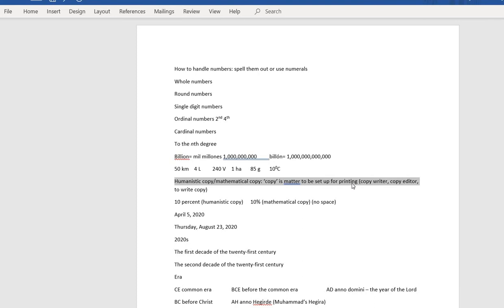Remember that in the past meant using materials that we no longer use. Today, everything is computerized, right? And that's why, speaking of copy, we speak of a copywriter, a copy editor, or to write copy, which means to write text. So in humanistic copy, we use 10 percent with words, but 10% in mathematical copy. And you see here no space, but this varies, to be frank, right?